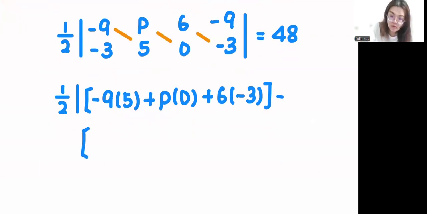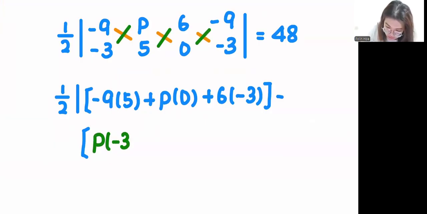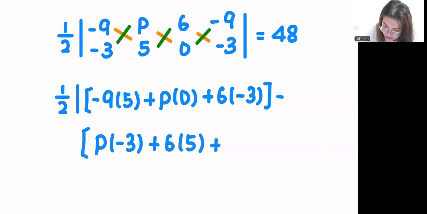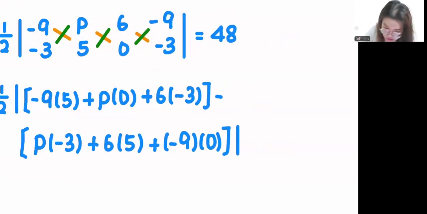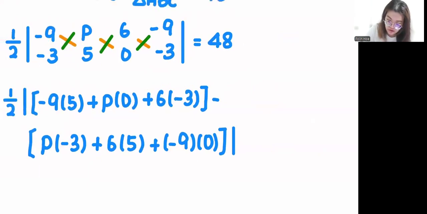You must write minus, open the bracket. p multiplied by -3 plus 6 multiplied by 5 plus -9 multiplied by 0, close, absolute value function.